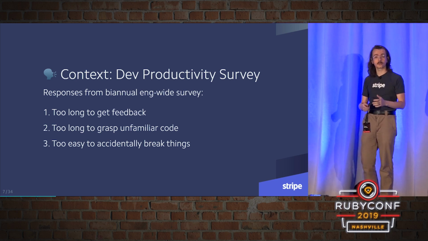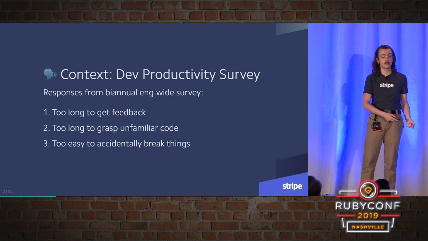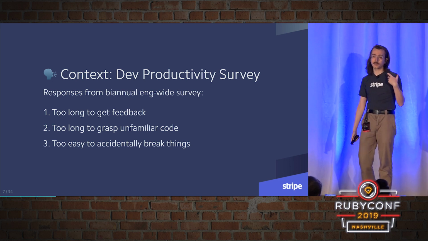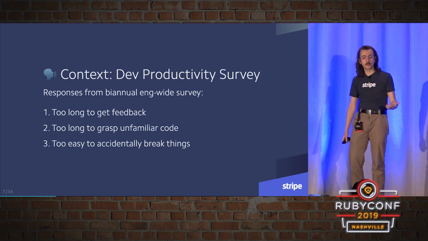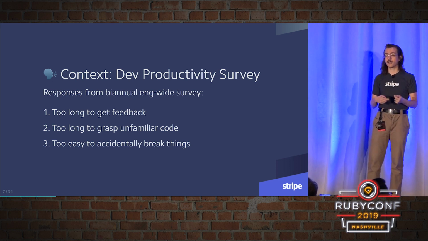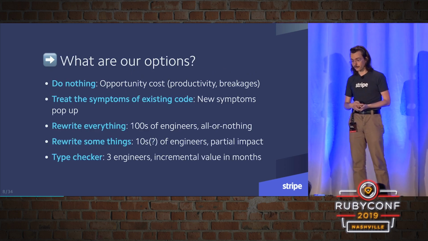It took too long to grasp unfamiliar code, to read the code of other teams or previous people on their team. And the code base was pretty fragile. It was very easy to break things. A lot of assumptions were unspoken in the code, and by doing something slightly differently, it was possible to break things without noticing it.